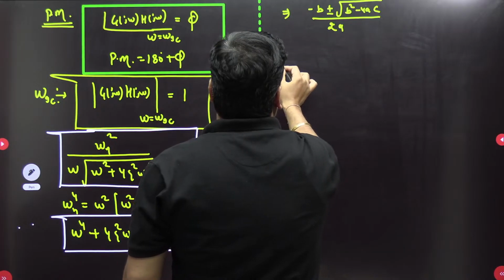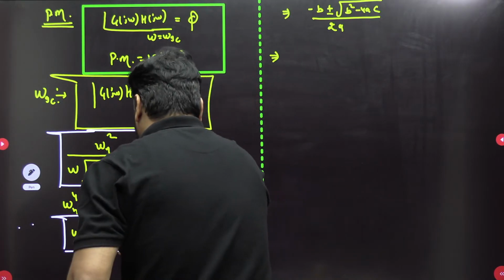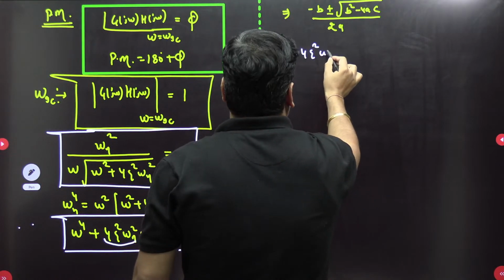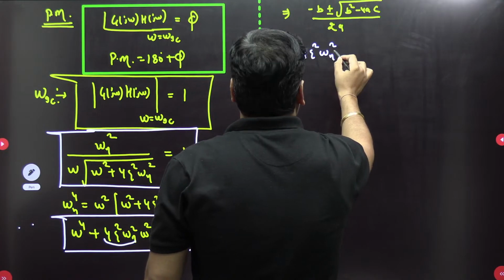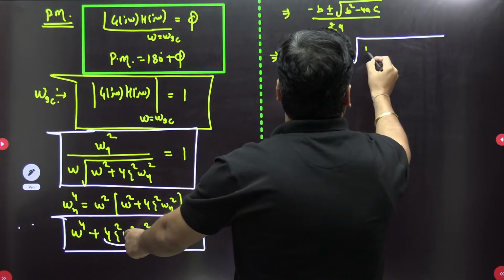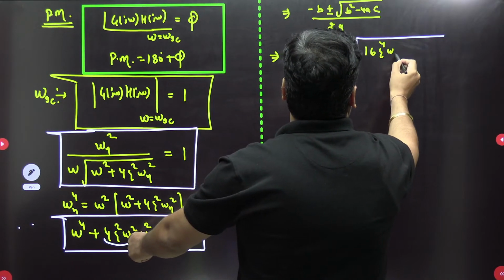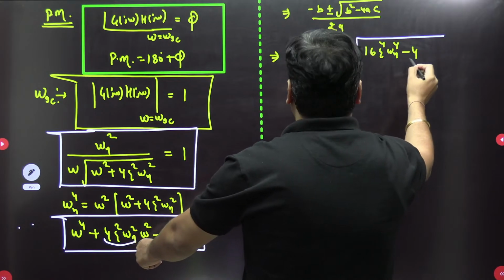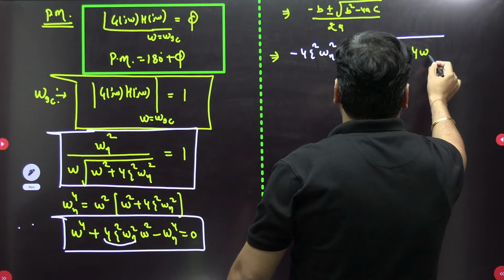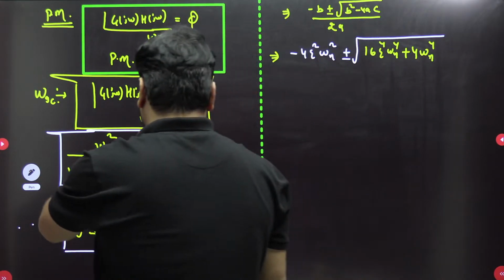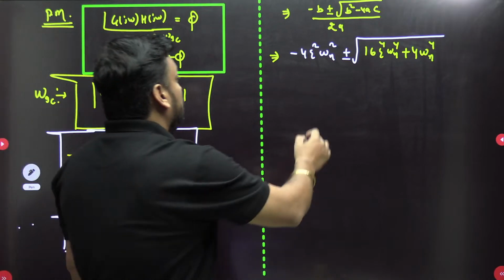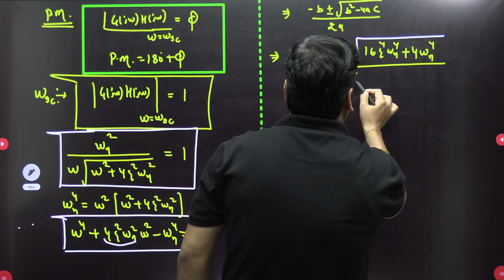If I use this formula here, b is the coefficient of omega square, so we write minus 4 zeta square omega n square, plus or minus the square root of b square, meaning the whole square, 16 zeta to the power 4 omega n to the power 4, minus 4ac. What is a? A is 1. What is c? C is minus omega n to the power 4. Is it clear? 4ac, a value is 1, c value is minus omega n to the power 4, so it will be plus only, upon twice a, and a value is 1 only.